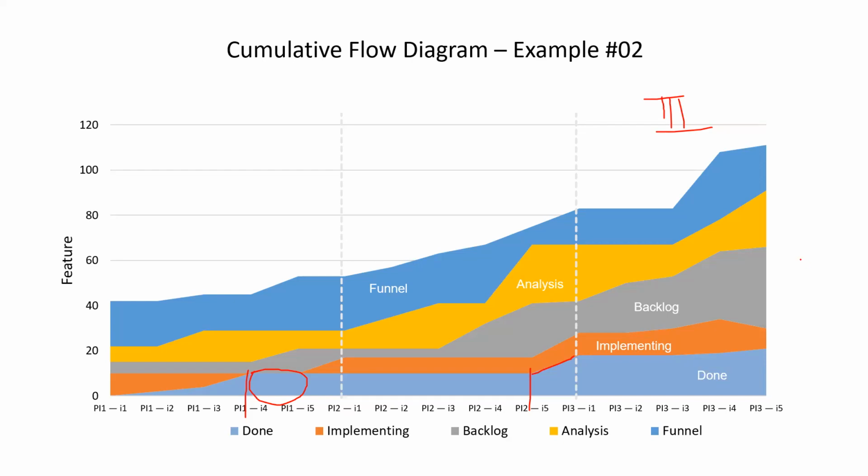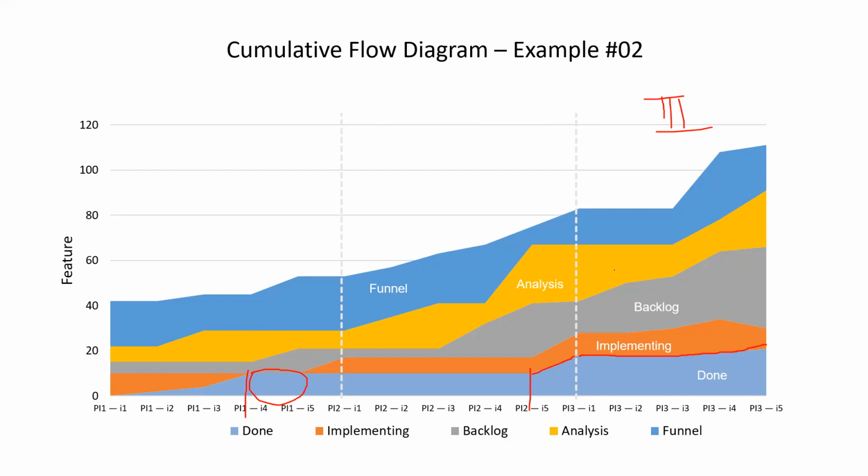After that, there is a slight improvement between implementing and done. A few of the stories are moving into done. Still, there is not much improvement. The done line is almost flat. Only here it started moving.